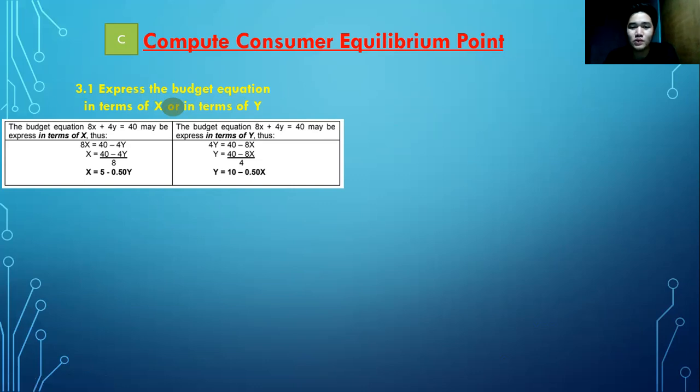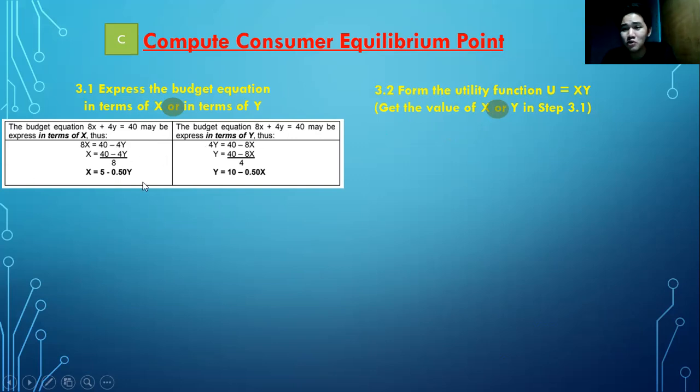Okay. So, next step daw is form the utility function kung saan yung utility is equal to x times y, kung saan yung gagamitin nga nating value is yung na-compute natin dito. Again, sinabi dito, get the value of x or y. Ngayon, mamimili ka lang kung ano yung gagamitin mo para hindi ka maging time consuming. Let's say ang kinuha natin is yung term ni x.